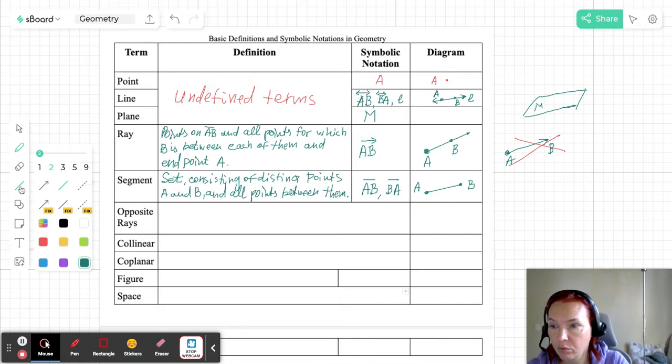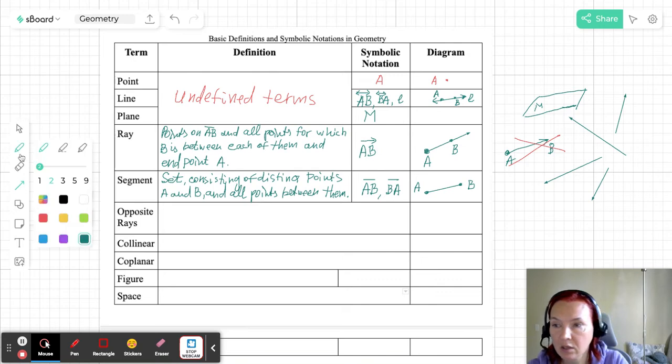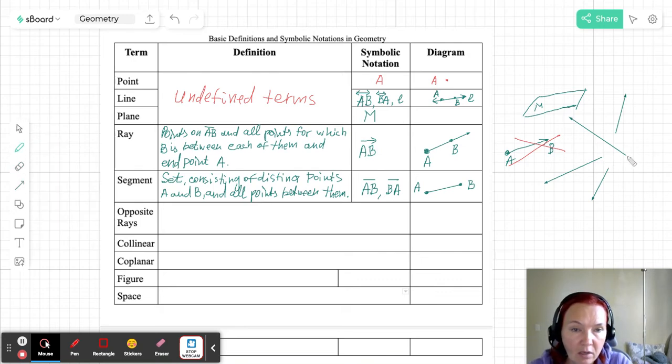One more thing I wanted to point out about a ray is that even though I drew it in this direction, a ray can be drawn in any direction. It can be going here, there, up, down. It doesn't have to go to the right, but still when we label our ray, we start with the endpoint.